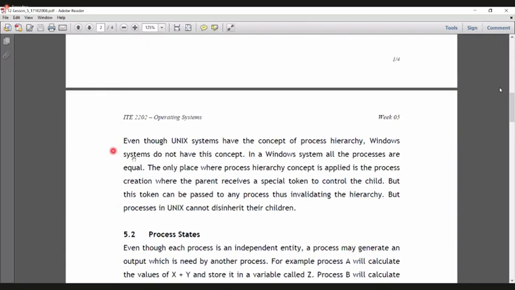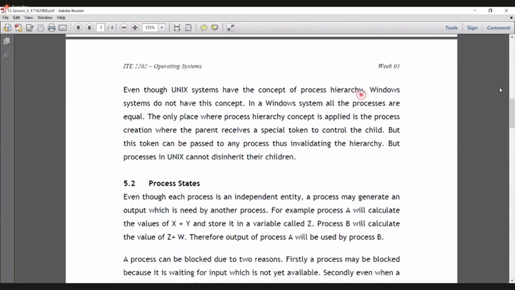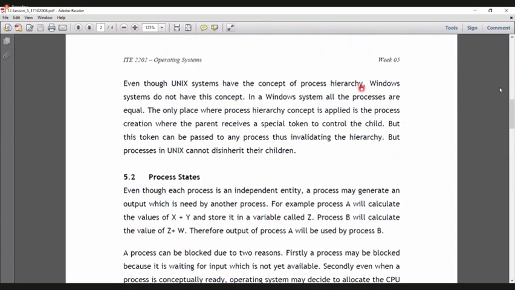There is a kind of hierarchy in the Unix system. But Windows systems do not have this concept. In a Windows system, all the processes are equal.